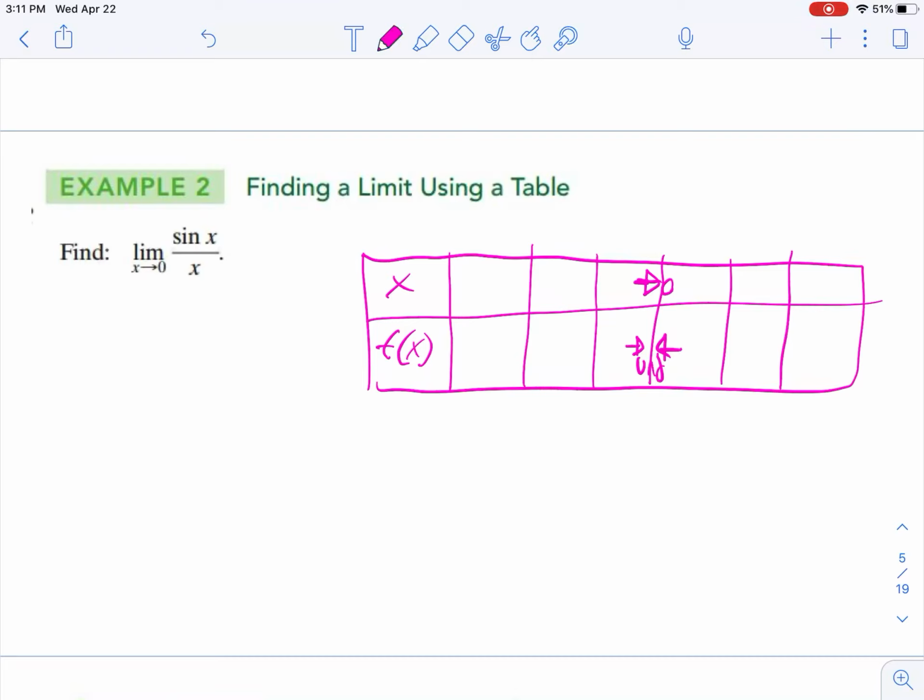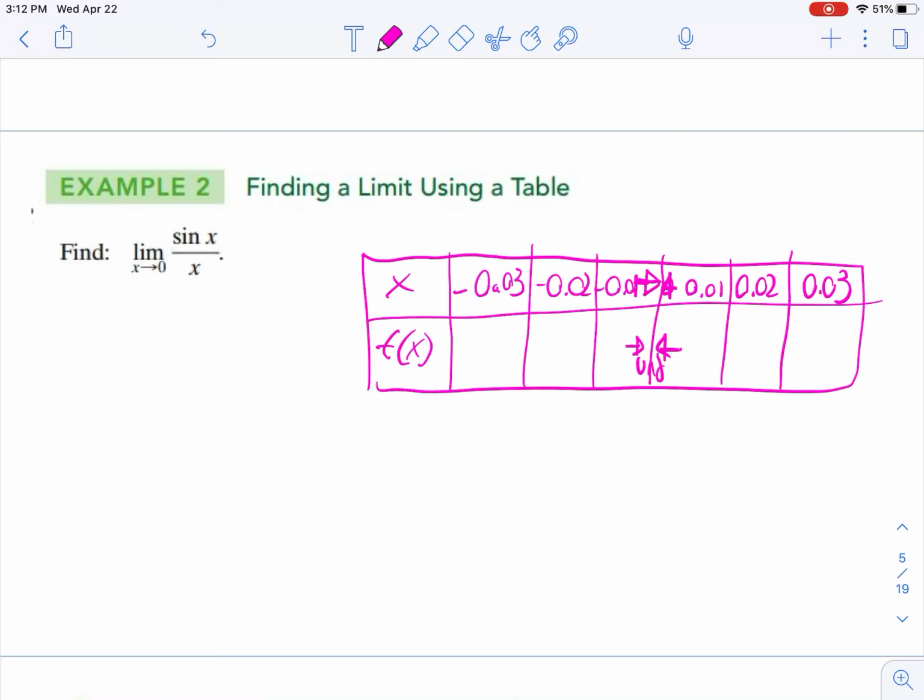So from that, we're going to plug in a few values from the left. So we're going to plug in negative 0.03, negative 0.02, negative 0.01. And then on this side, we're going to plug in 0.01, 0.02, 0.03. And we're going to see what happens to this function.